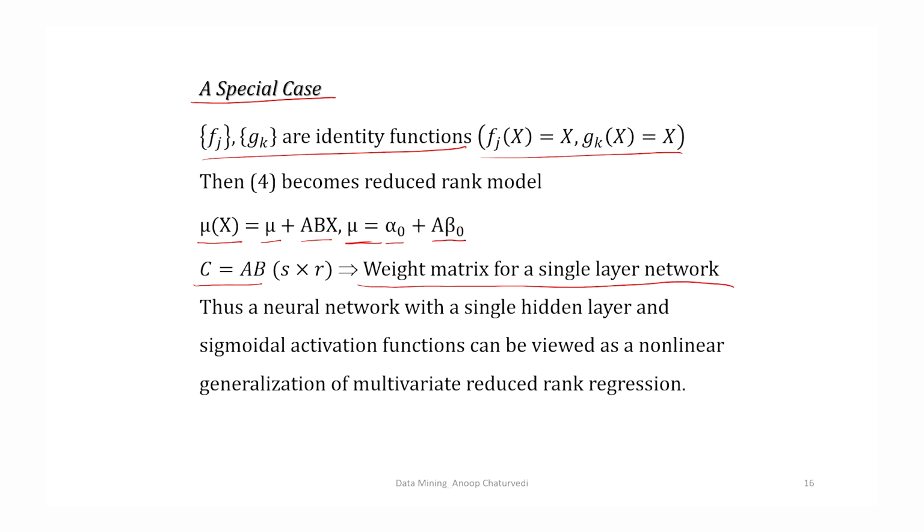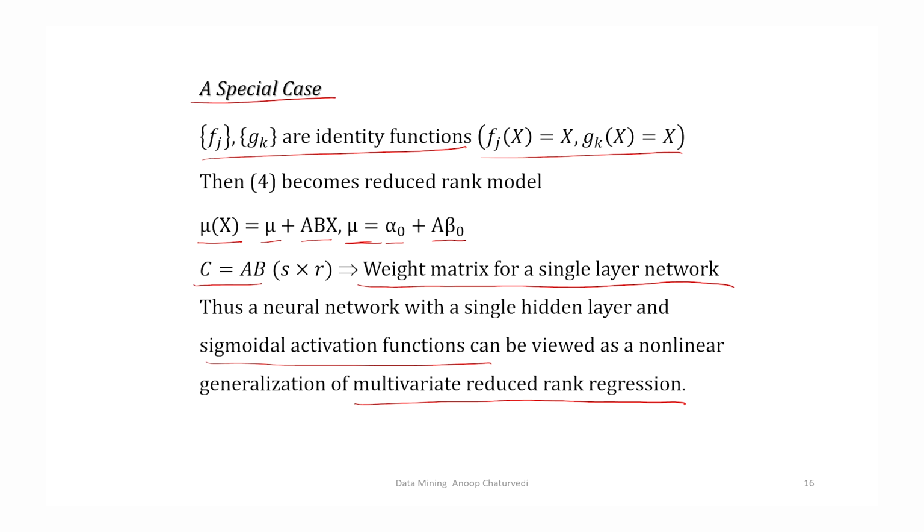So, a neural network with a single hidden layer and sigmoidal activation function can be viewed as a non-linear generalization of multivariate reduced rank regression.